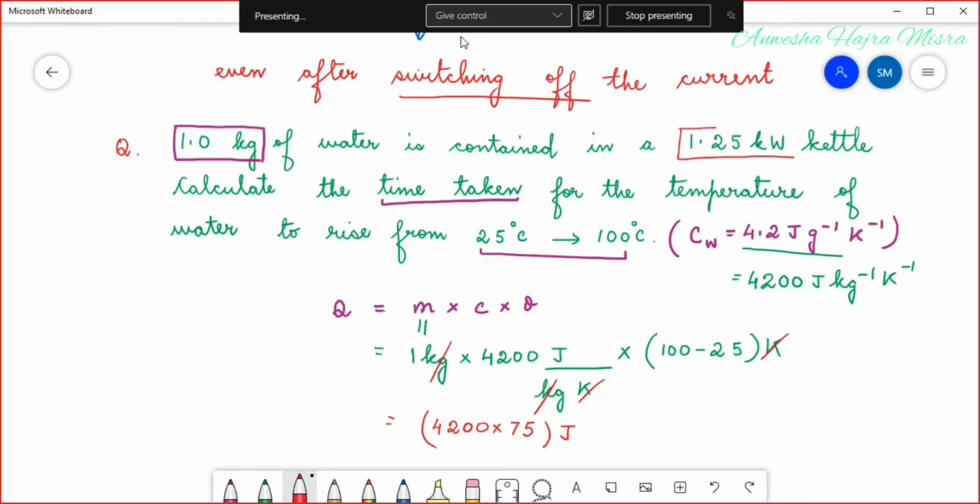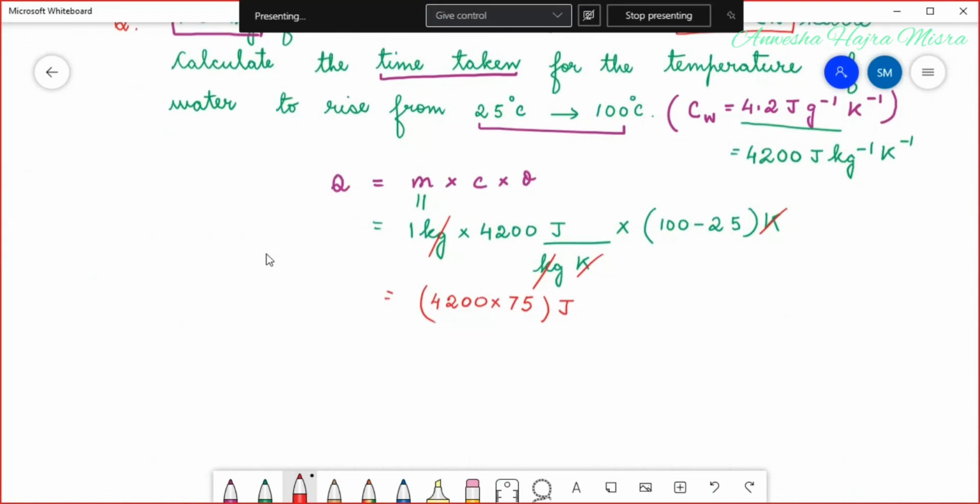Power of the kettle is 1.25 kilowatt. I have to calculate the time. Now power is heat by time, work by time. Power is 1.25 kilowatt. I have to multiply it with 1000, 1250 watt. Heat is 4200 into 75. This much of heat is required.